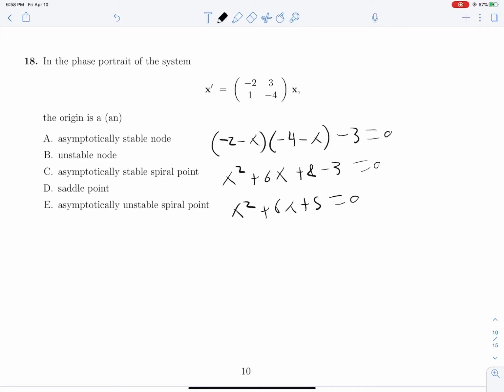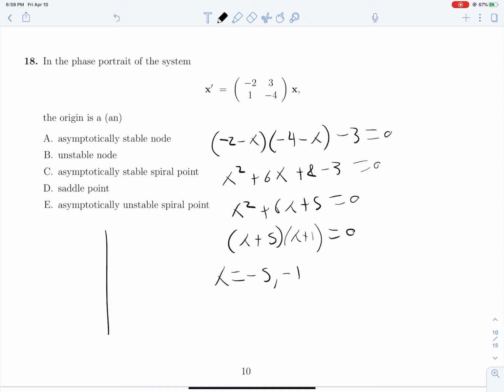This will factor to lambda plus 5, lambda plus 1. And so we see that both of our values for lambda, negative 5, negative 1, are negative, and they are both real.